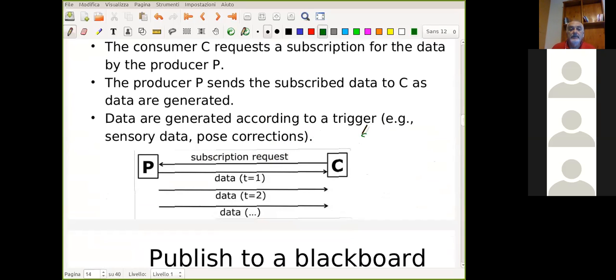The subscription includes the data. Let me quote the name. That is a sort of, you can say, a tag or semantics.